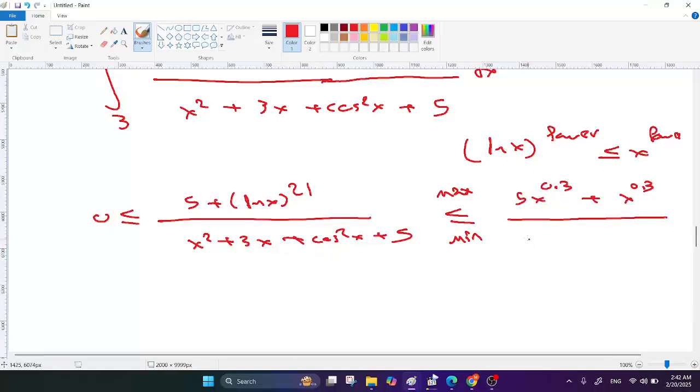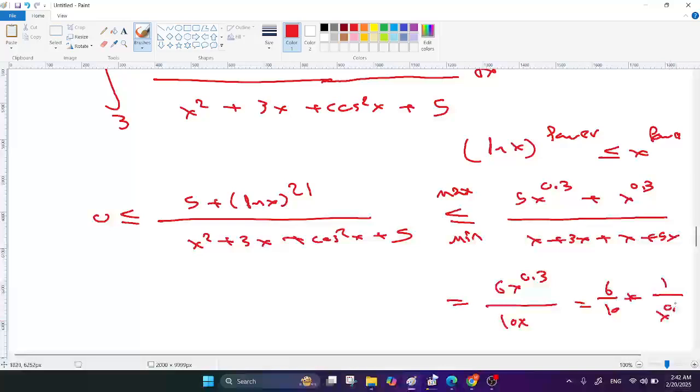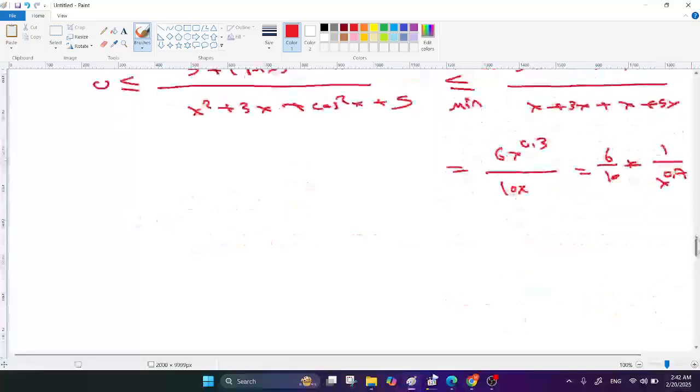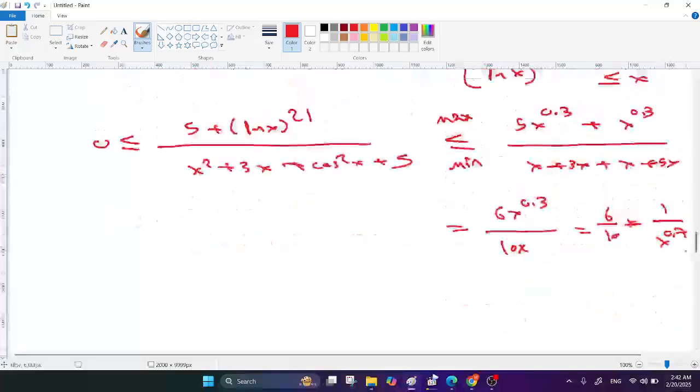Use x, so x plus 3x plus x plus 5x, you get 6x^0.3 over 10x. You get 6 over 10 times 1 over x^0.7. And that is not correct.